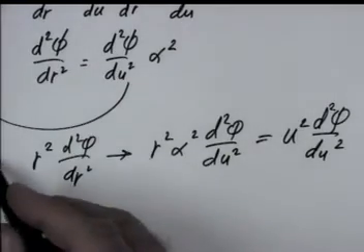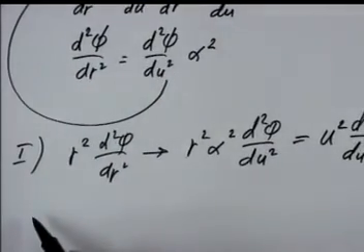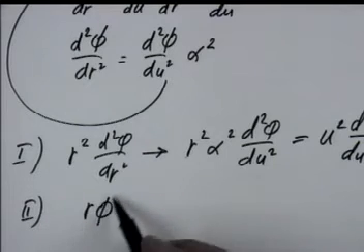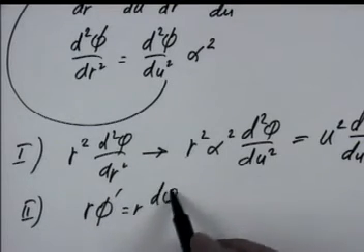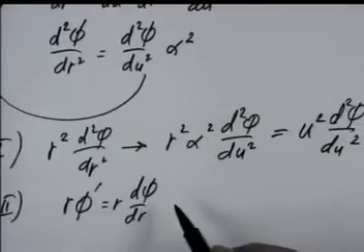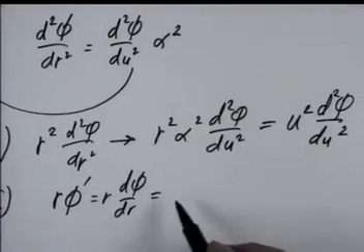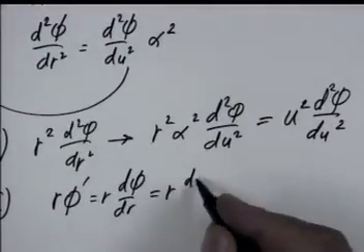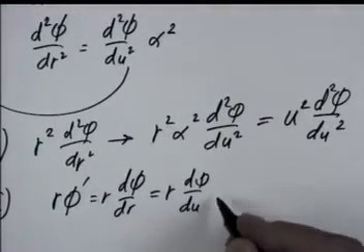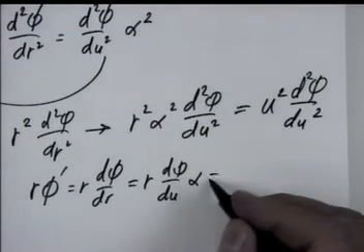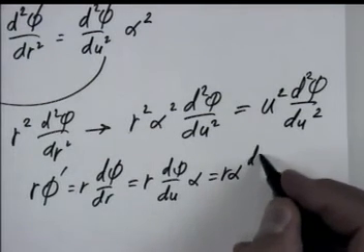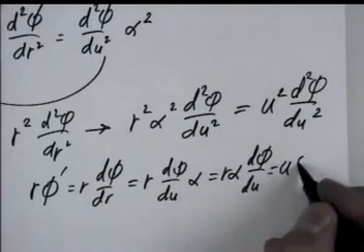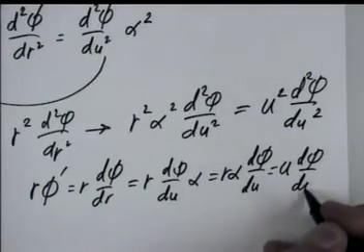Now, that is the first term. Second term, we have r phi prime, so r d phi dr. But d phi dr equals d phi du alpha. This equals r alpha d phi du, and r alpha equals u, so u d phi du.